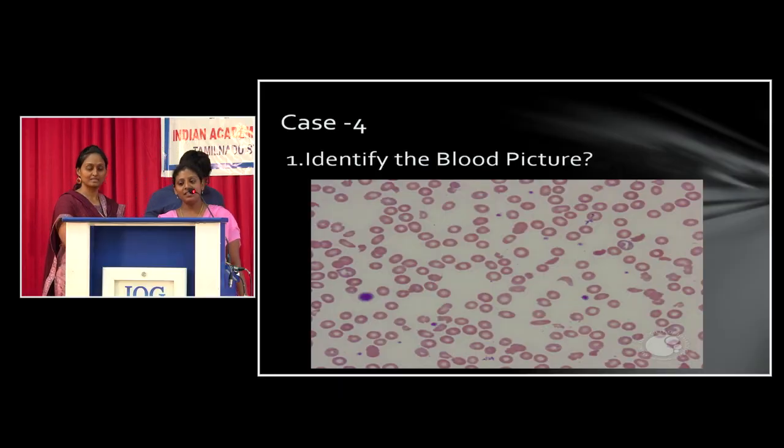Now, team D, identify the blood picture. Comment on the blood picture. Sickling. You are seeing some sickle-like cells. Okay. Some more? Any other cells? Comment on the RBC morphology apart from sickle-like cells.